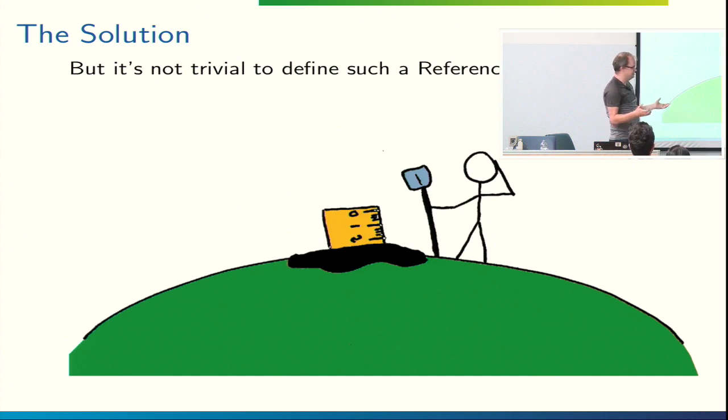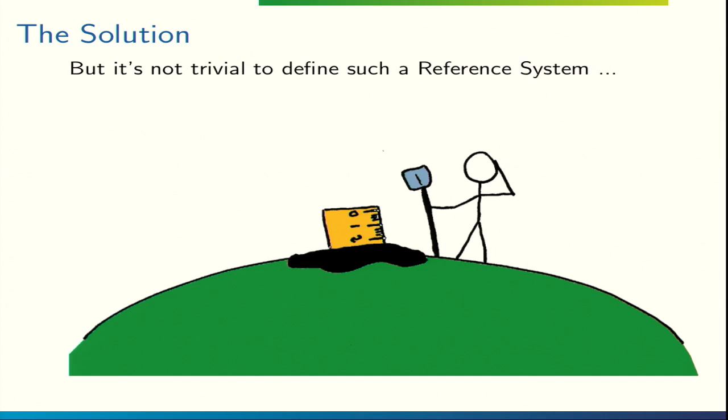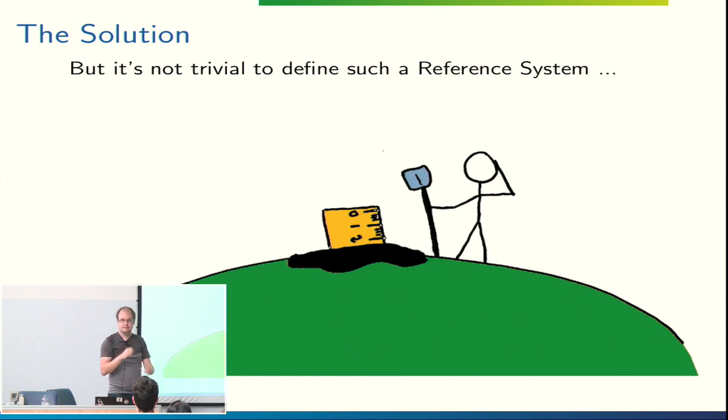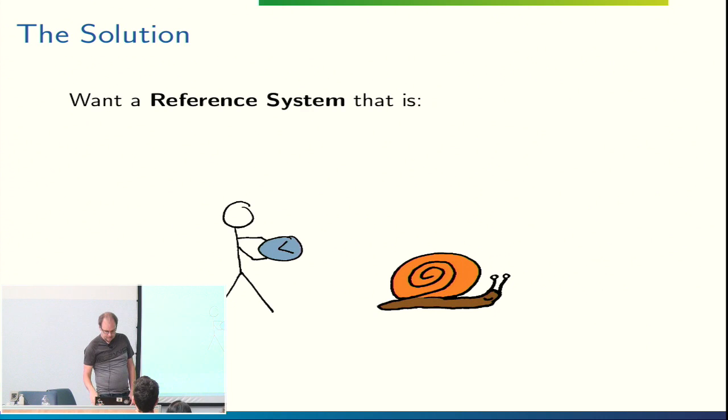Okay, it's not really trivial to actually define the system, because you need to know where the mass center of the Earth is. And it's not like we can just dig down and find it, right? We need to somehow figure out where the center of the Earth is.